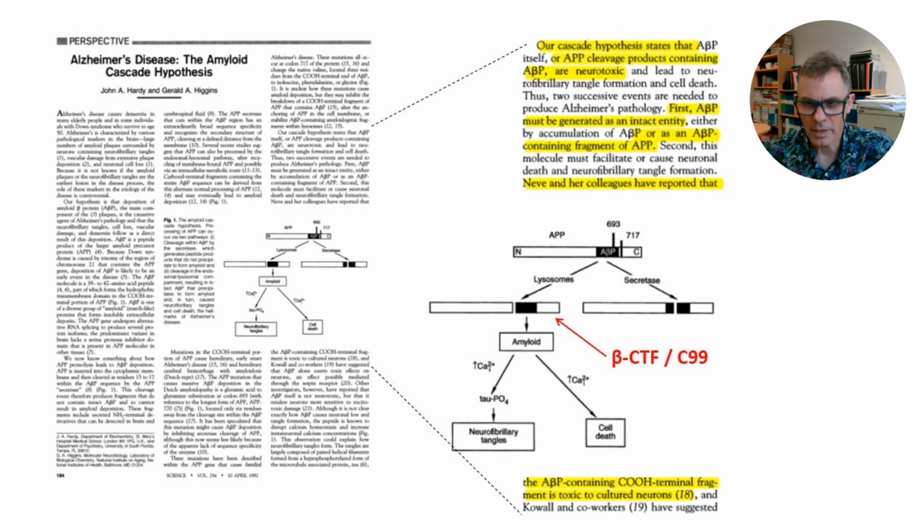Here's a page from that paper I referred to earlier, from 1992, the Hardy and Higgins paper that first defined the amyloid cascade hypothesis. The reason I want to show you this particular paper is because, as you can see, this is a diagram of the amyloid precursor protein.